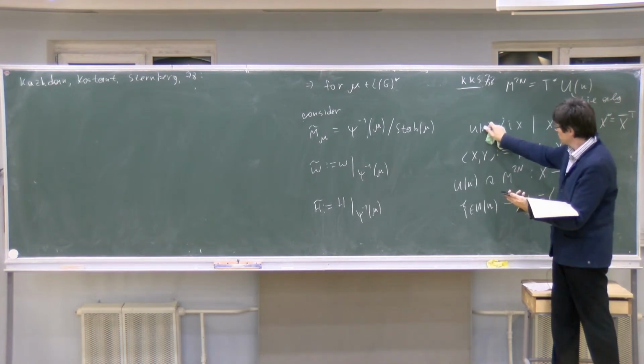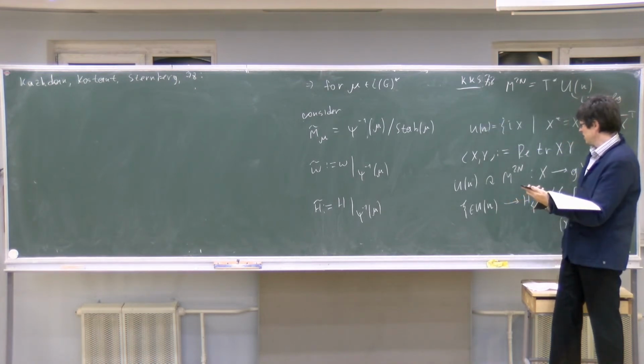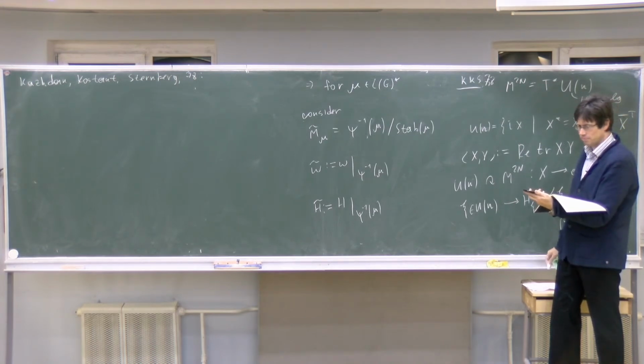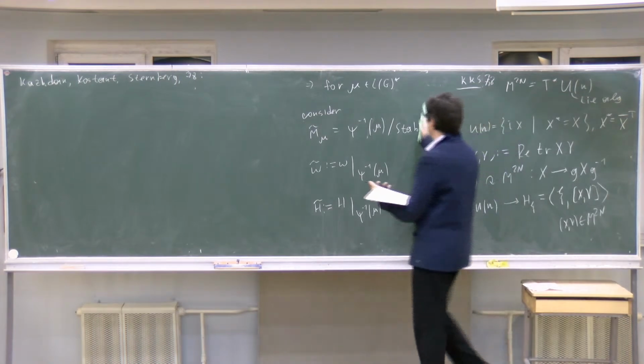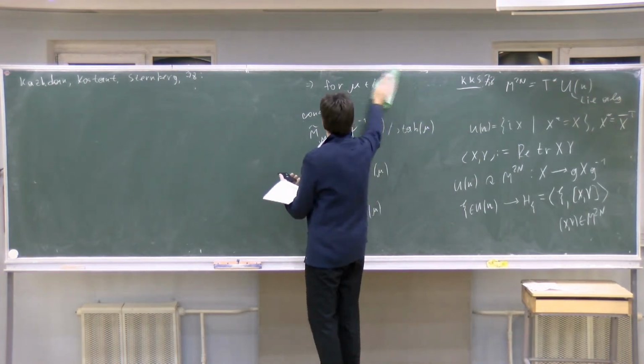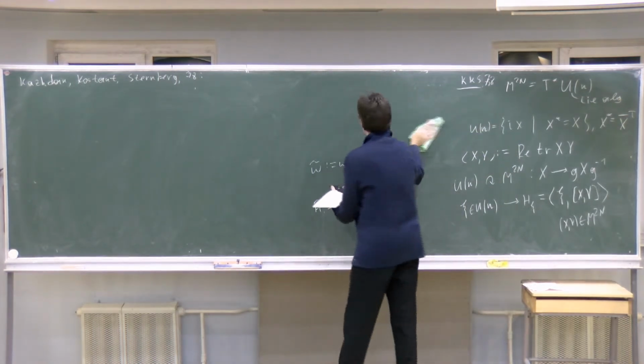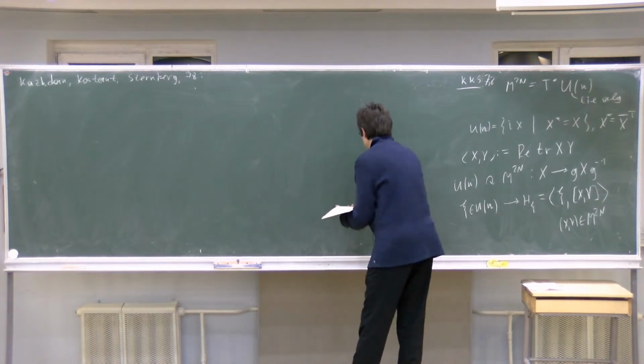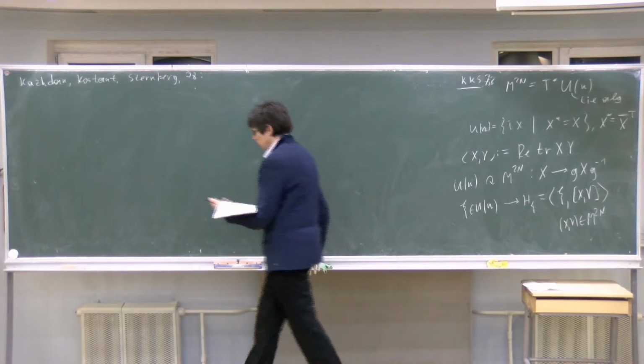Maybe on the blackboard it's not written so carefully, but I hope you will understand me. U of n is the usual Lie group and Lie algebra of unitary matrices.